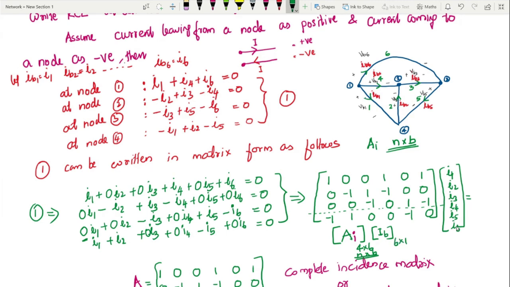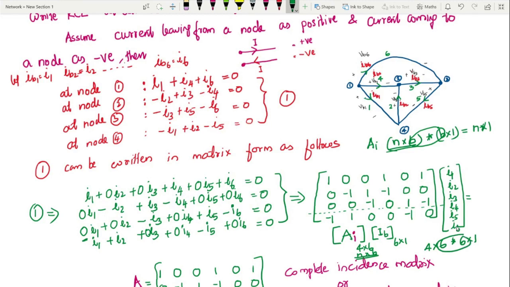If we multiply two matrices of size 4 by 6 and 6 by 1, or in general an n by b matrix multiplied with a b by 1 matrix, what is the output matrix size? The output matrix size should be n by 1. In this case, the output matrix size is 4 by 1.